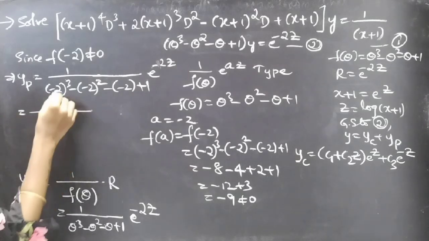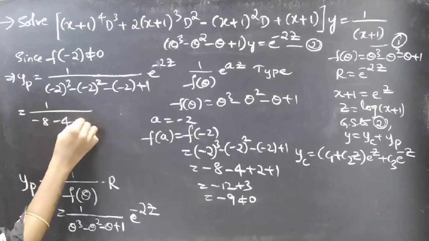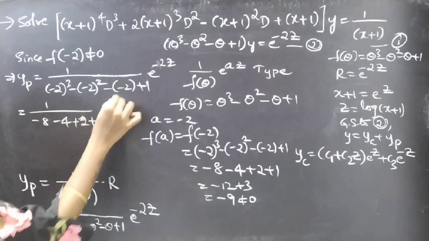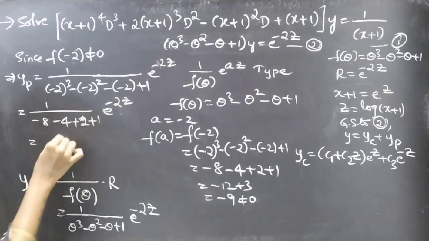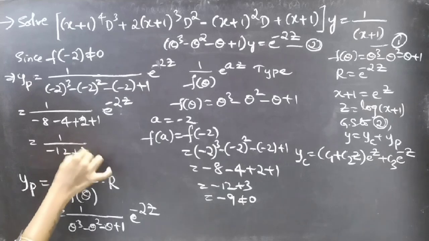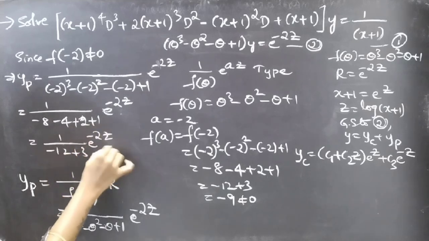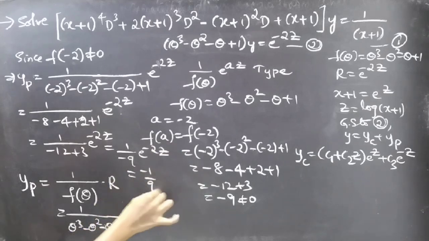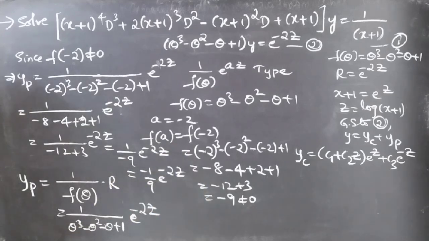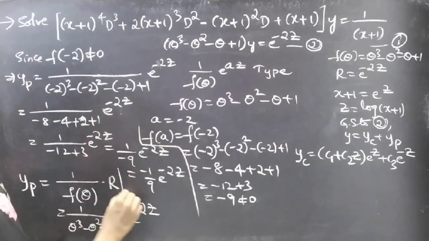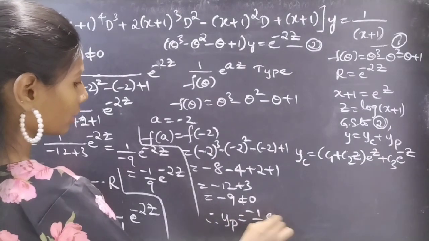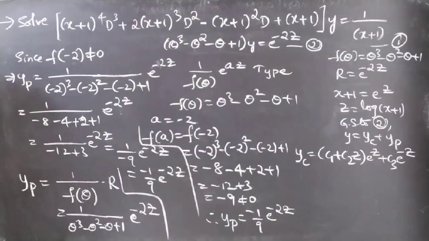This becomes 1 by minus 9, or we can write it as minus 1 by 9 e power minus 2z. Therefore yp equal to minus 1 by 9 e power minus 2z.